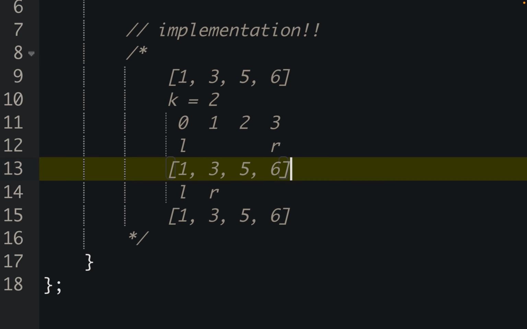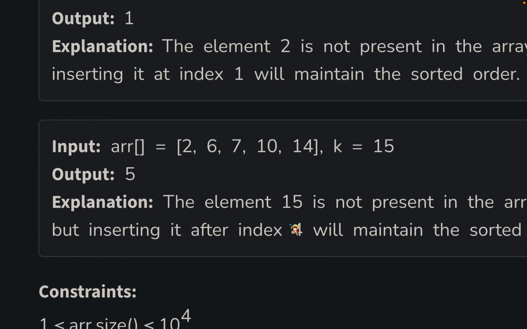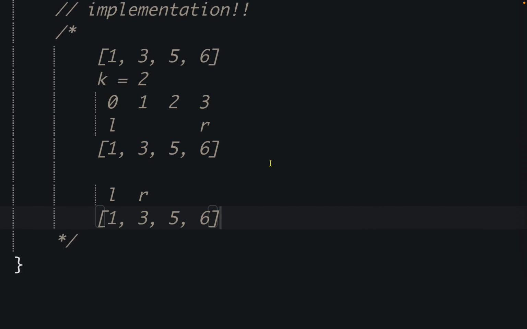In only one step, we have reduced the array to only 2 elements. This is the power of binary search, and this is what they want us to implement, with log n time complexity.